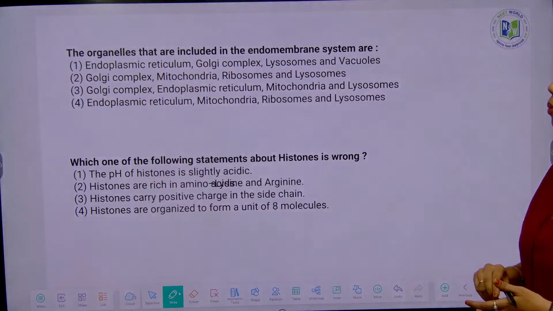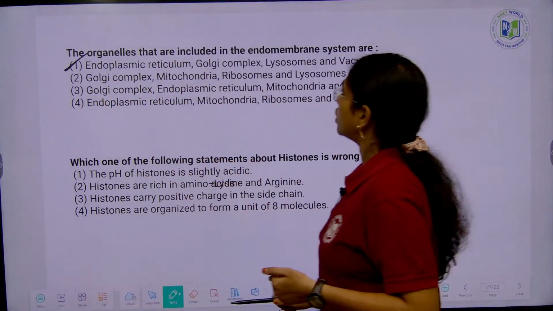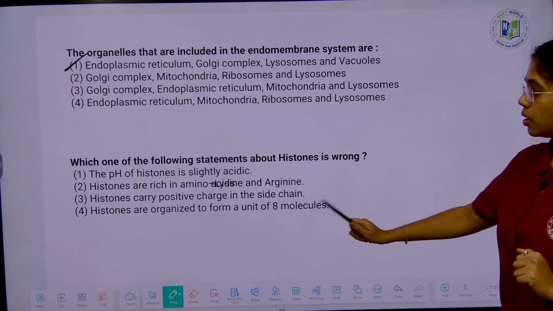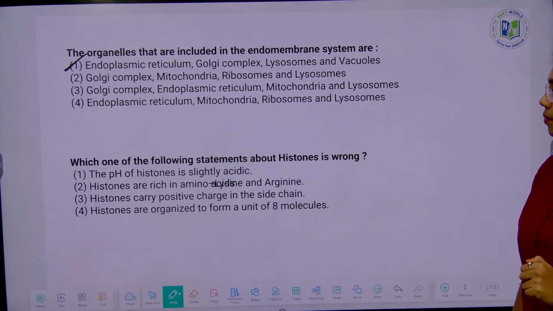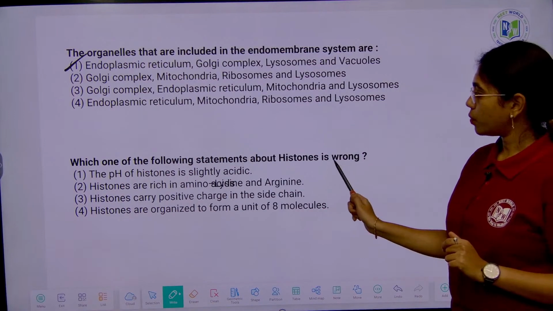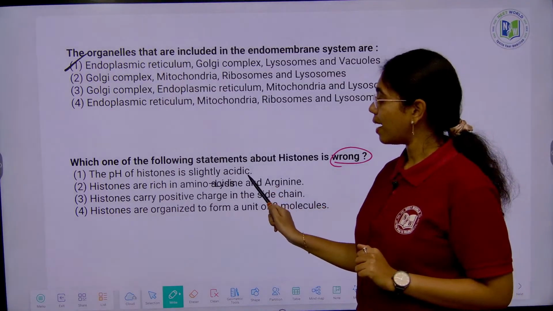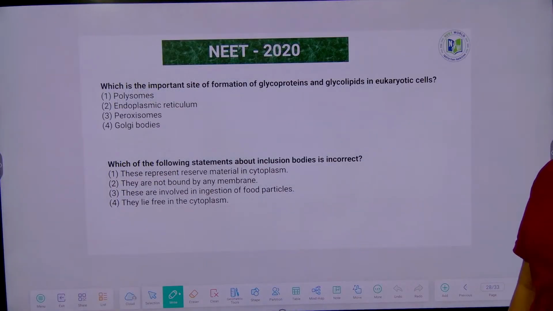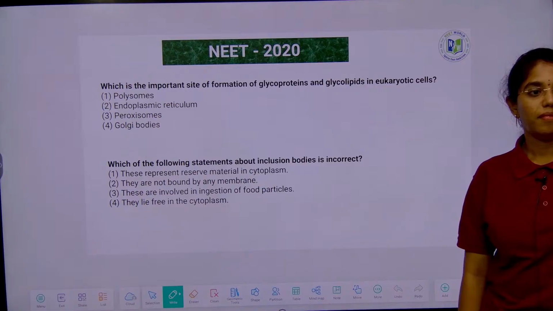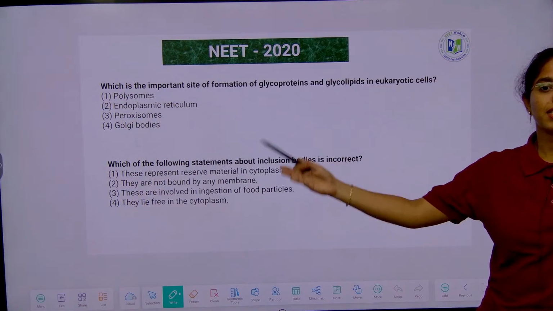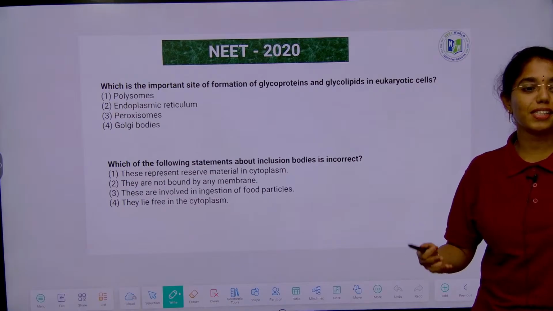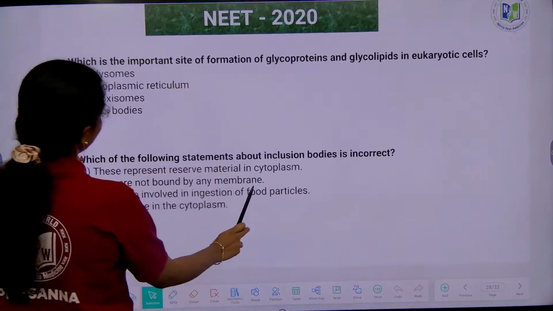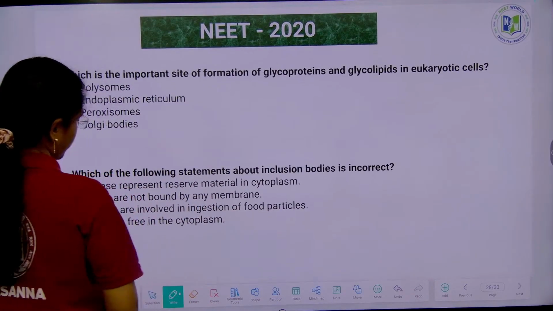Organelles included in the endomembrane system are ER, Golgi complex, lysosome. Simple.